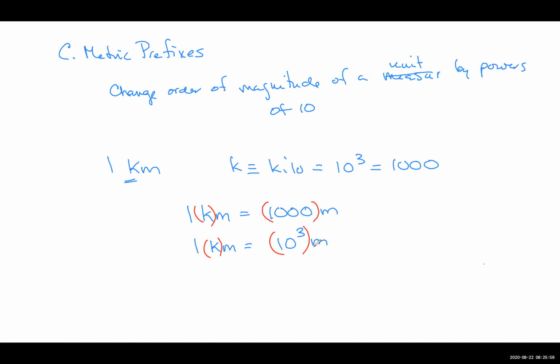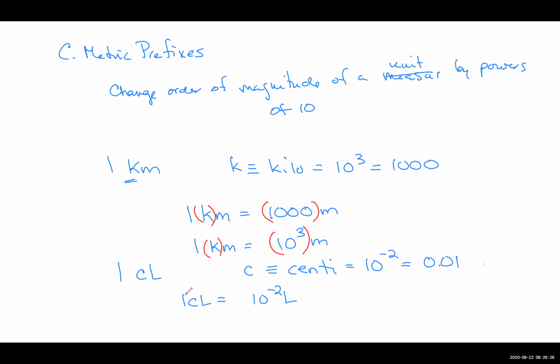So another example would be if I had 1 centiliter, right? You need to know that C stands for centi. And again, you can use that chart for now. And that centi means 10 to the minus 2, or it's a multiplier of 0.01. And so I could write 1 centiliter is equal to 10 to the minus 2 liters.